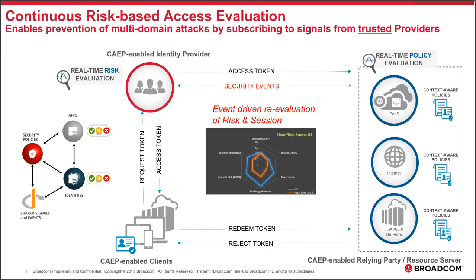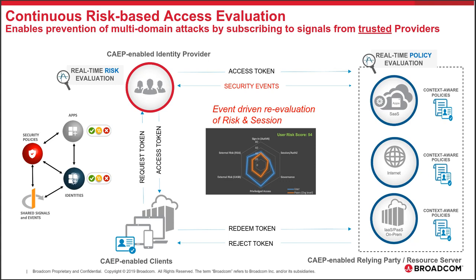For example, if you have an application built in your data center or in a cloud, and you're using a third-party application, for example integrating with Salesforce and pulling some data in, how do you know what happens across these disjointed security domains? Continuous risk access evaluation is really about enabling the exchange of security events.